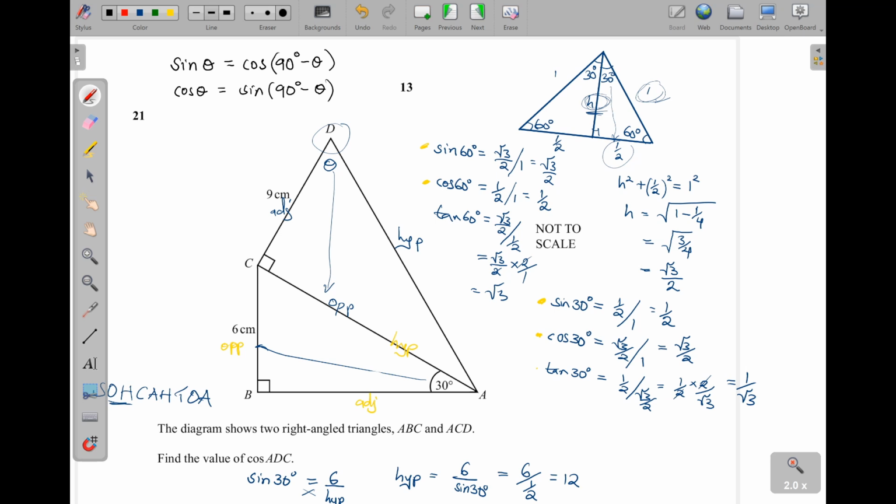Now for 45, let me also have a right-angled triangle here. I'm assuming a right-angled isosceles triangle.